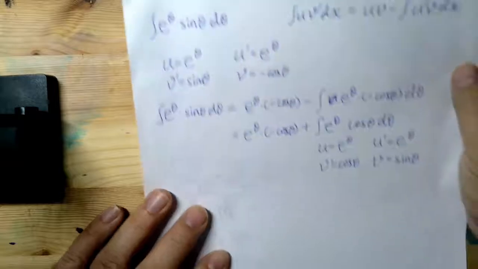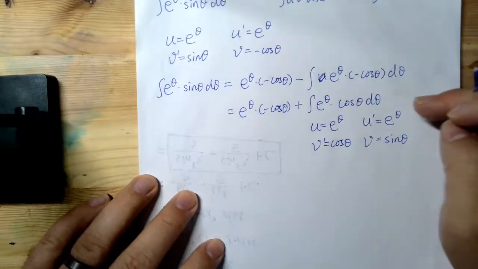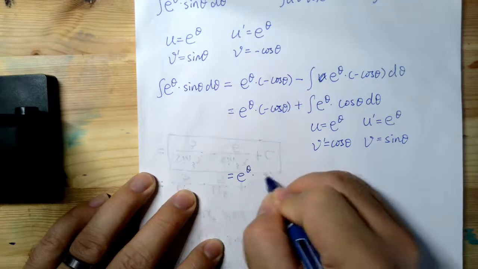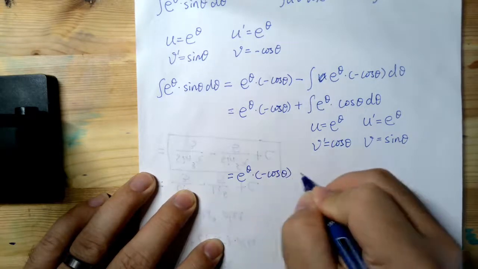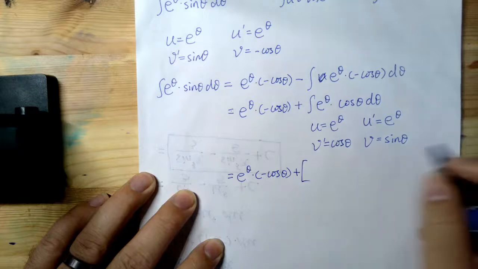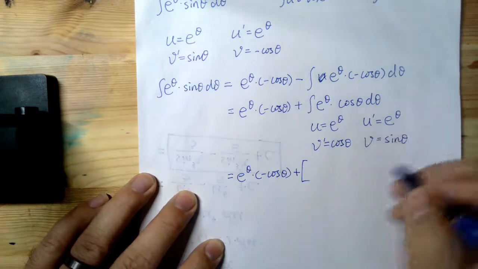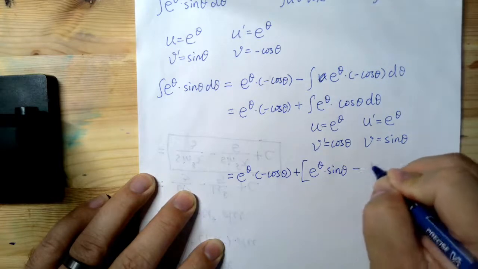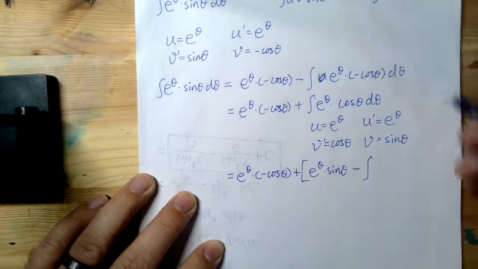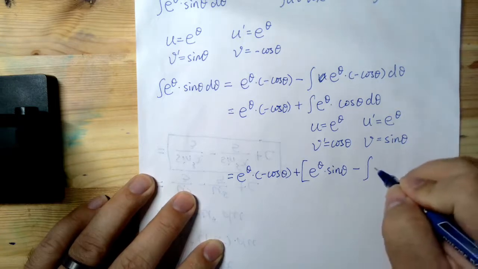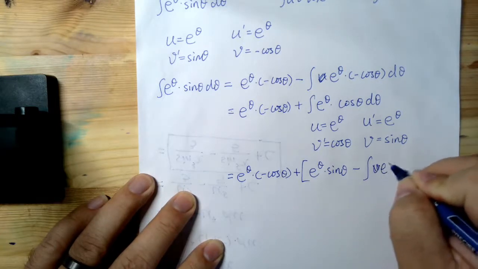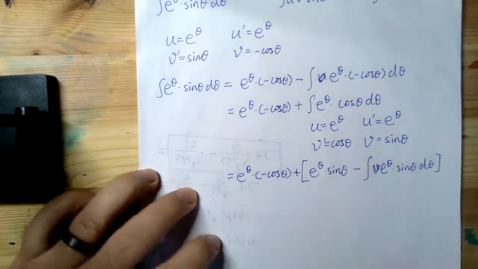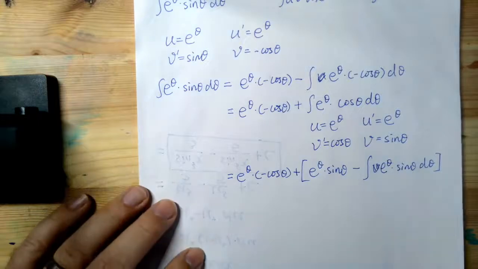Now we apply integration by parts again, and let's see what we have. We have e^θ times negative cosine θ, plus, maybe I use a big bracket, uv, which is e^θ times sin θ, and then minus the integral of u'v, which is e to the power θ times sin θ dθ. Now, look at what we have.